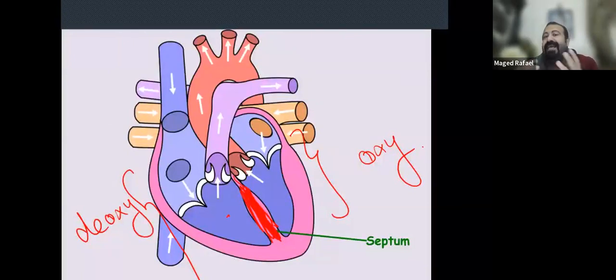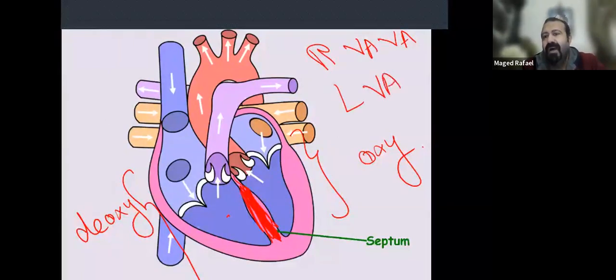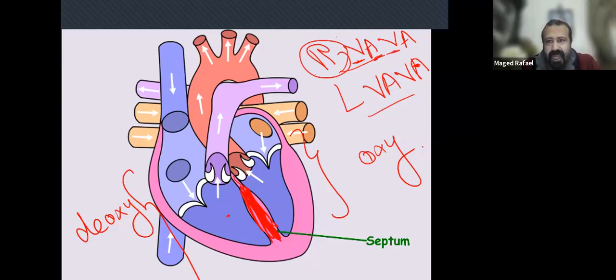Let me remind you with the R Vava, L Vava now, because now I think you can sum up everything in the circulation by remembering those abbreviations. Right vena cava, then right atrium, then right ventricle, right as a common factor for all of them, and finally blood will be sent through the pulmonary artery for gas exchange.